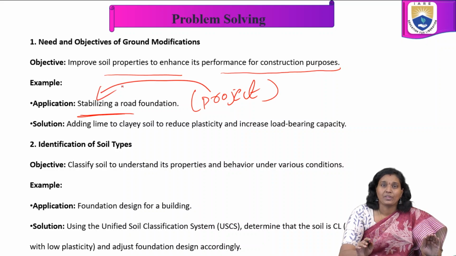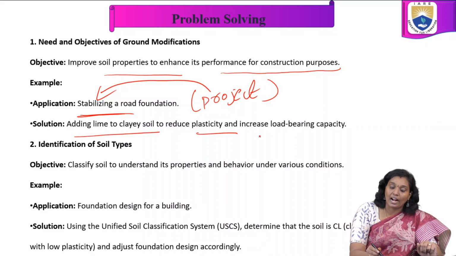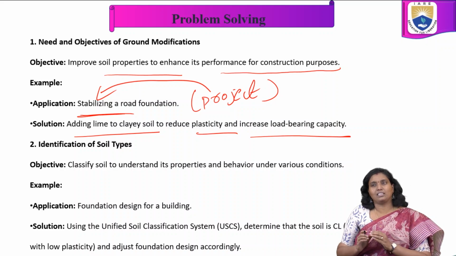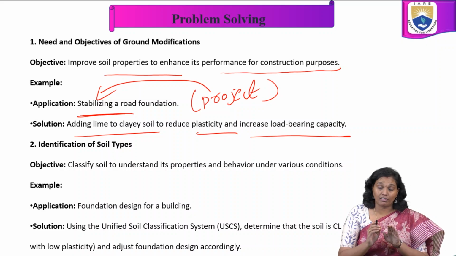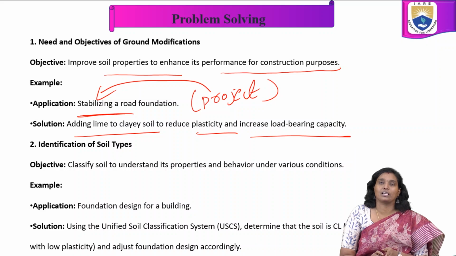Now, what is the solution for this? Adding lime to clayey soil to reduce plasticity and increase load bearing capacity. So like this we are analyzing all the technologies that are available according to the project requirement, and we choose the solution.